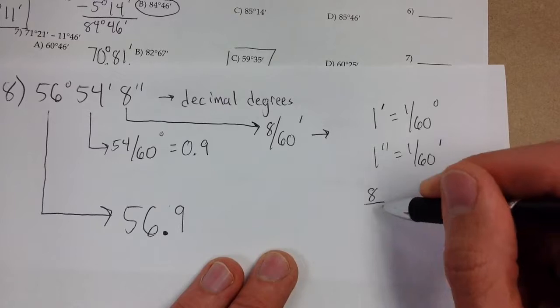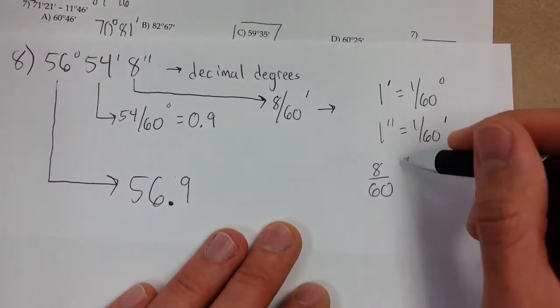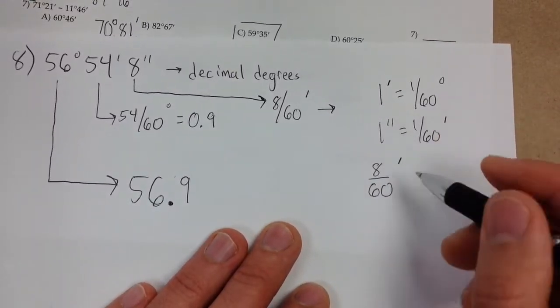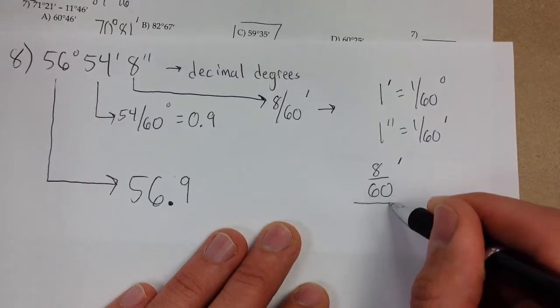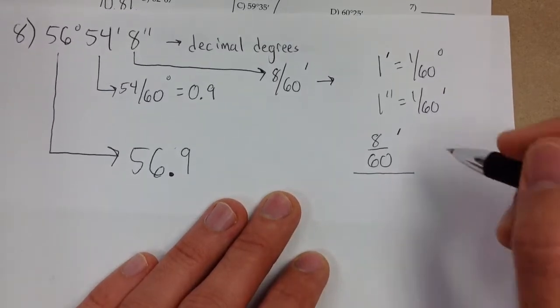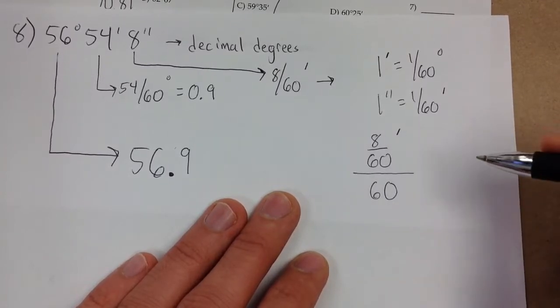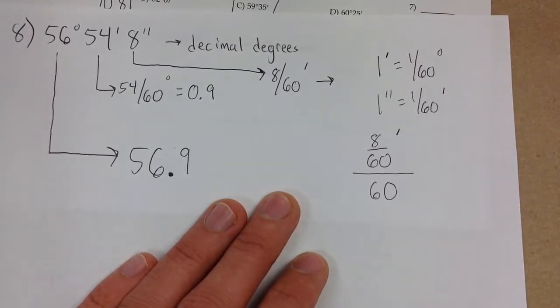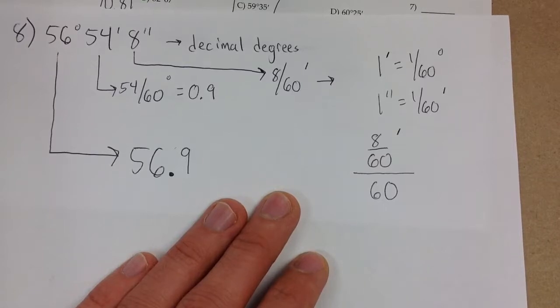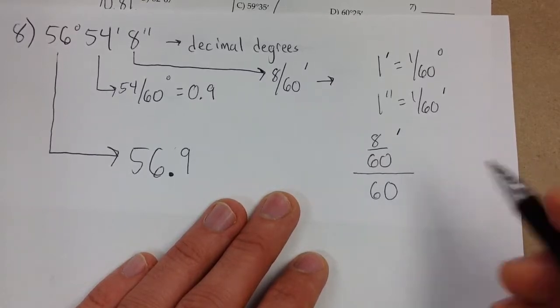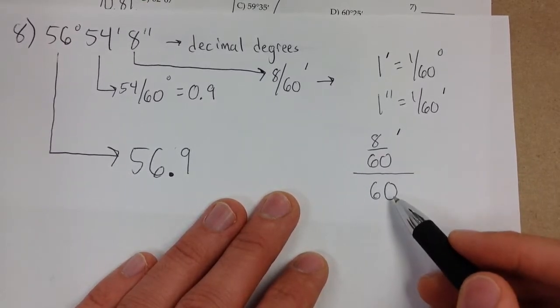So 8/60ths minutes, we want it as a fraction of a degree. So we can make it over 60, because each minute is a 60th of a degree. Okay, so that's why I'm doing this over 60 again.